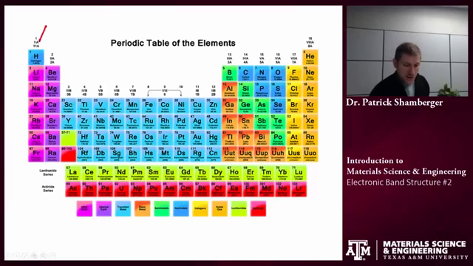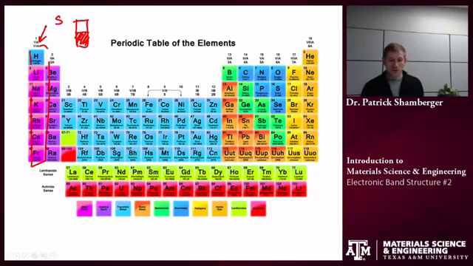If I think about the alkali metals, they have a partially filled s electron. So they all have one available s electron. And what that means is that this bottom band is almost always going to end up partially full. So these are metals.